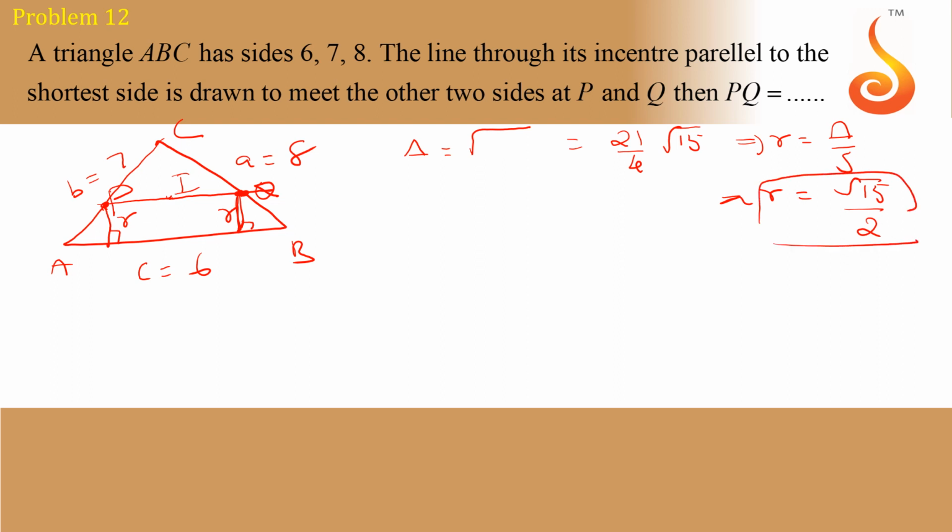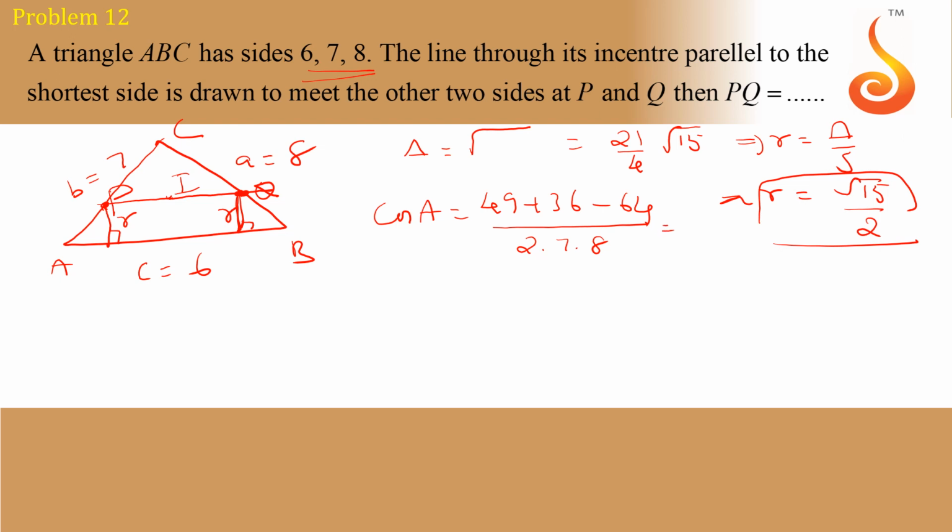Now, when three sides are given, I think I can get cos A value. Cos A value how much? B square plus C square minus A square by 2BC.